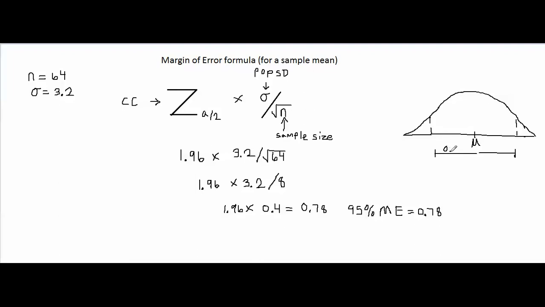And we're going to imagine that this point down here, this dotted line, is 0.78 below the population mean, and this dotted line is 0.78 above the population mean. And this number is just the 95% margin of error.